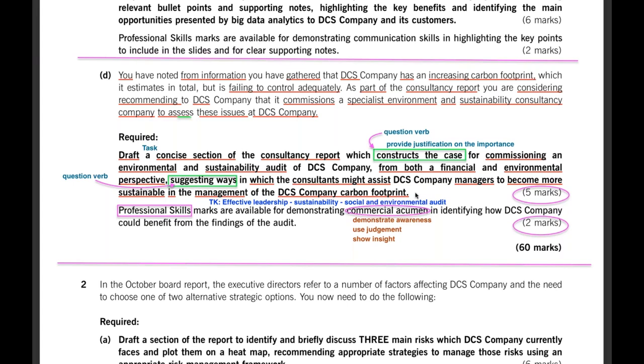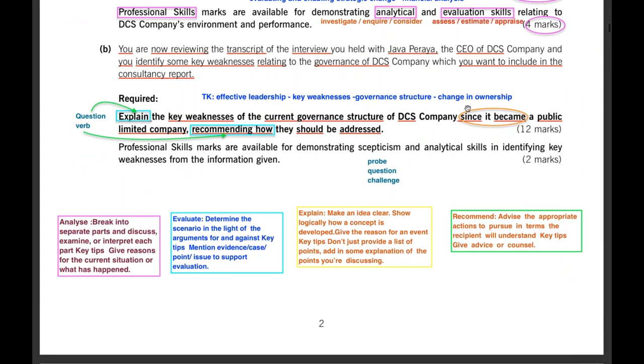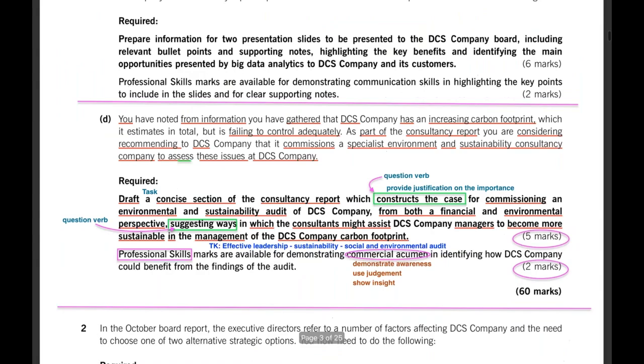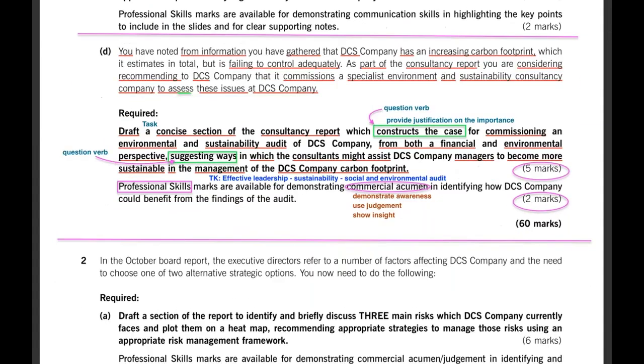So whatever answer you give here, if you still remember what happened in the previous question, since it became a public limited company, you must make sure you demonstrate in your answer the importance of managing the carbon footprint for DCS in the context of them now being a public listed company.